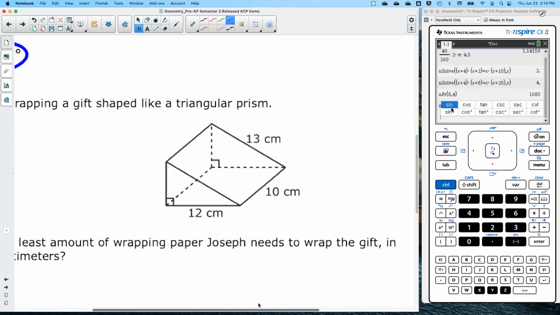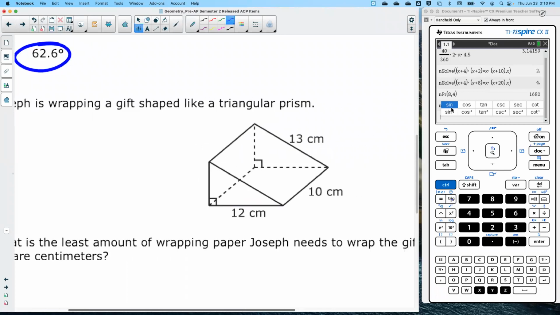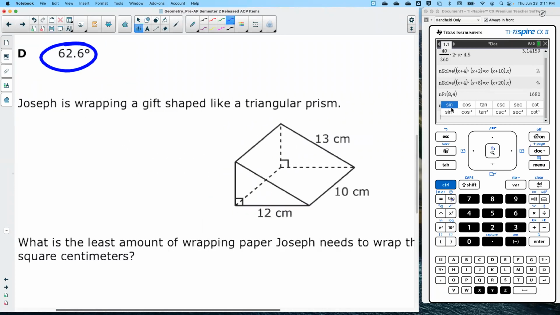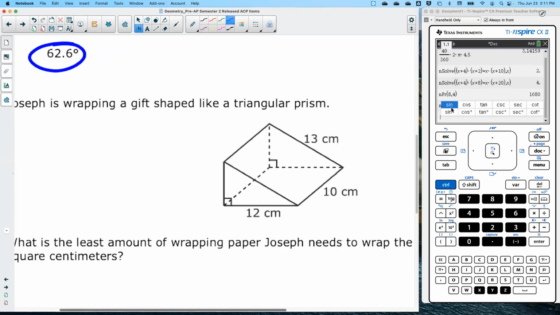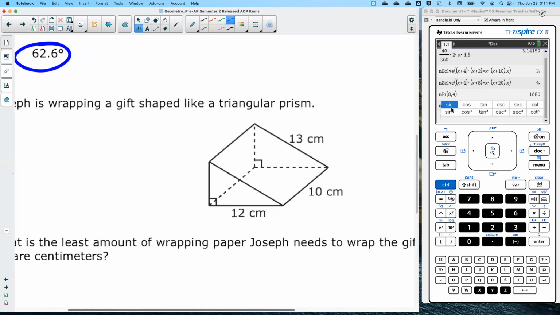George is wrapping a gift shaped like a triangular prism. First question, is it a triangle? Triangular. What is the least amount of wrapping paper George needs to wrap the gift?